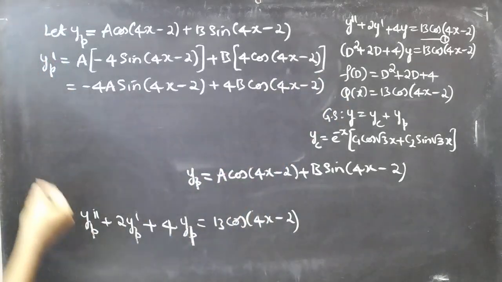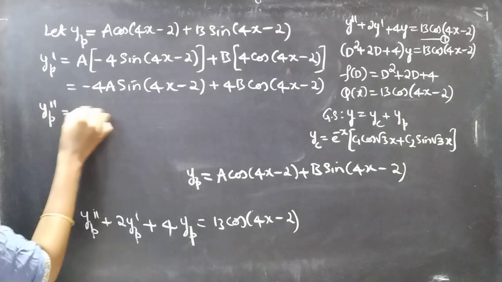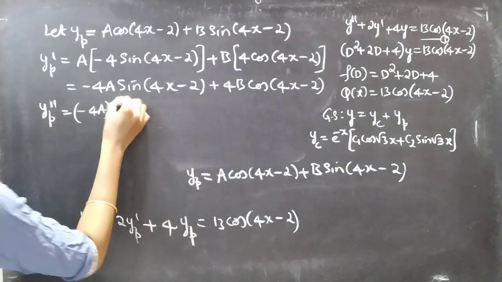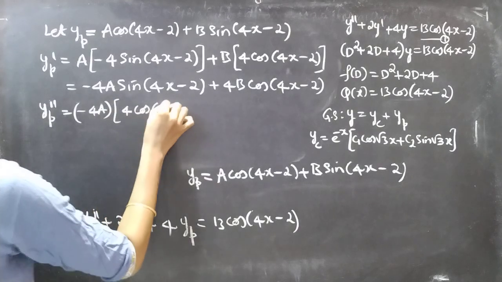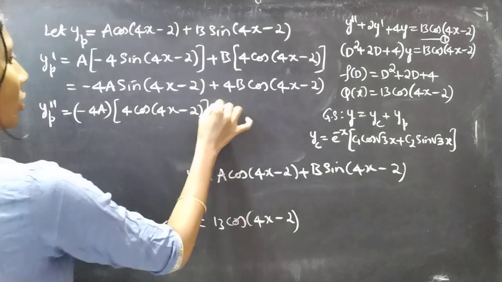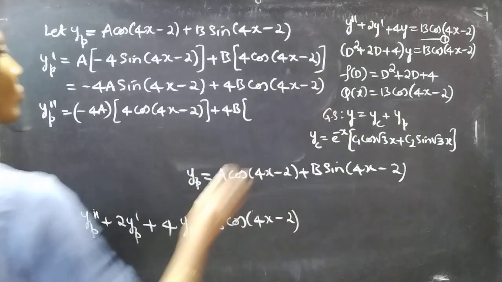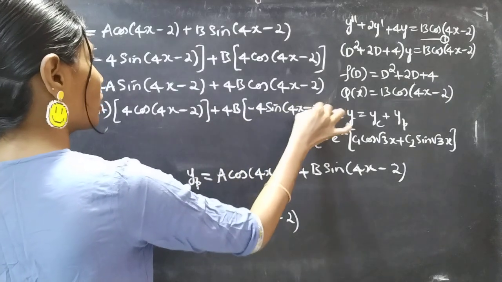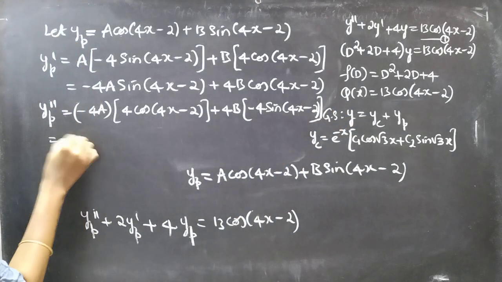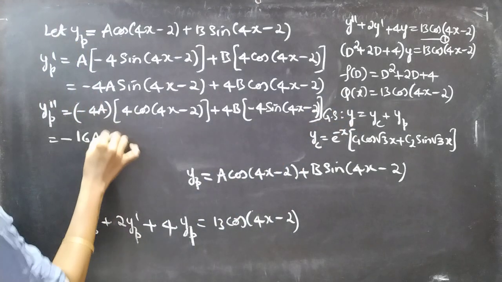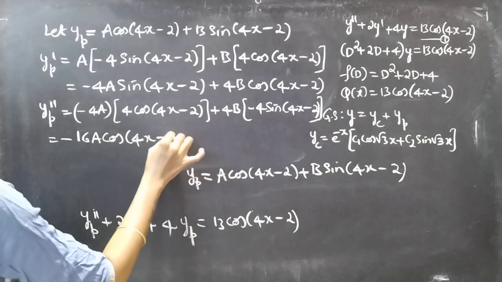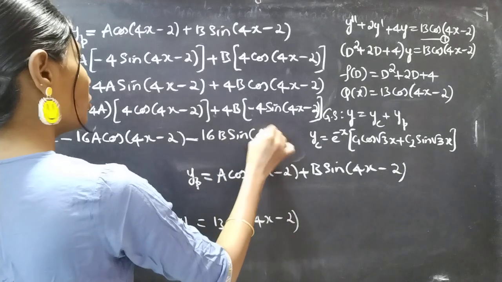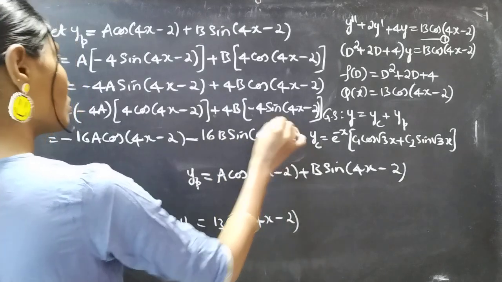Which gives us minus 4a sine of 4x minus 2 plus 4b cos of 4x minus 2, right? Now find yp double dash: minus 4a into derivative of sine of 4x minus 2, which is 4 cos of 4x minus 2, plus 4b into derivative of cos 4x minus 2, which is minus 4 sine 4x minus 2, right? Which gives us minus 16a cos 4x minus 2 minus 16b sine of 4x minus 2.